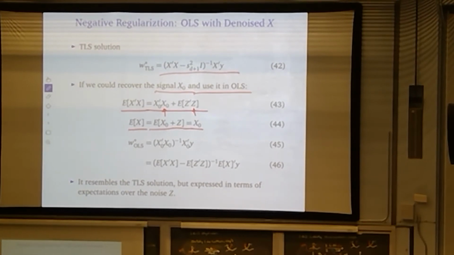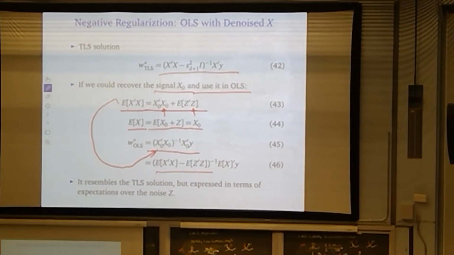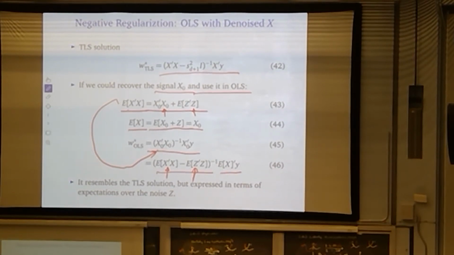And with OLS, we are going to recover the ground truth x0, right? This is the OLS solution format. But we can substitute this into this. We re-express x0 transpose x0 as EXX minus EZ transpose Z. Okay? The noisy data's covariance subtracted with the noise, inverse, times EX. This x0 is actually EXY.